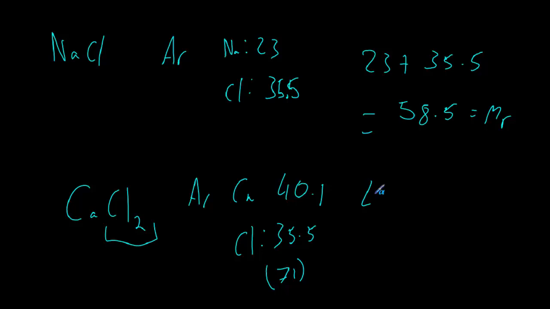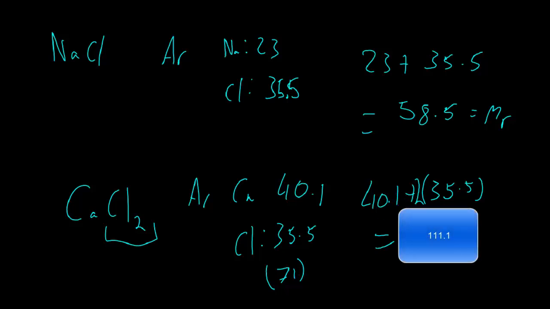Okay, so we have 40.1 plus 35.5 times 2, so it's going to give us 40.1 plus 71, which is 111.1. And that is going to be our formula mass.